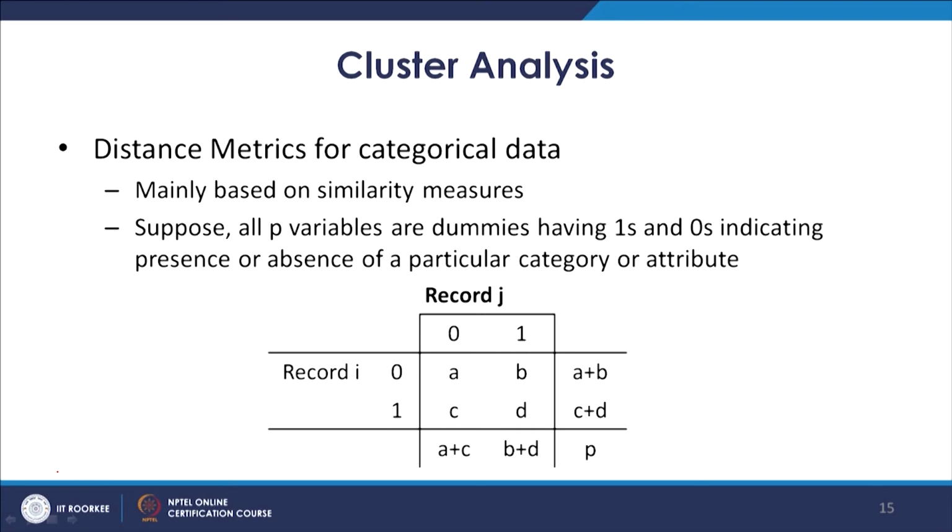Now, extend this thought to our p dimensions. Suppose all p variables are dummies. Right now we are only thinking about the categorical variables, the variables that we have in our final tabular format.